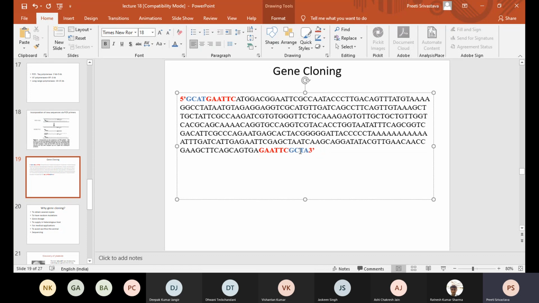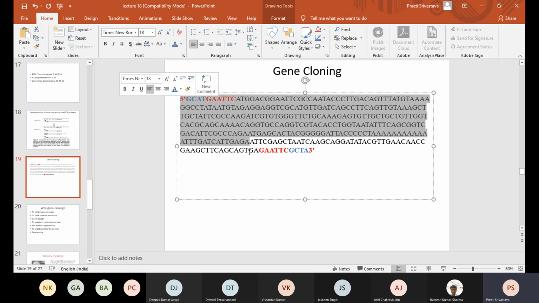EcoR1 requires 4 extra nucleotides for properly binding and cleaving. For example, NdeI requires only one nucleotide, and SmaI again requires only 3 nucleotides. So it has been experimentally demonstrated that you need to provide a few extra bases so that you can have proper digestion.